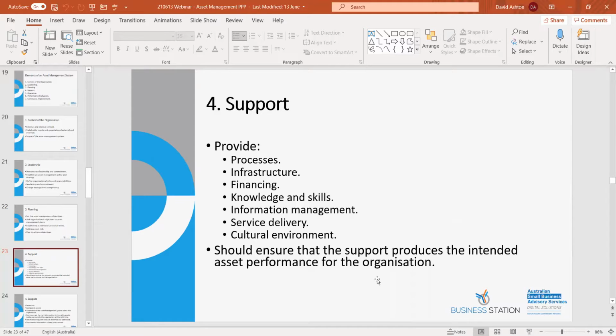So once you've got your asset management system in place, management needs to provide support to the organisation and employees to help deliver the objectives within that asset management system. So putting in place the policies, procedures and work instructions.